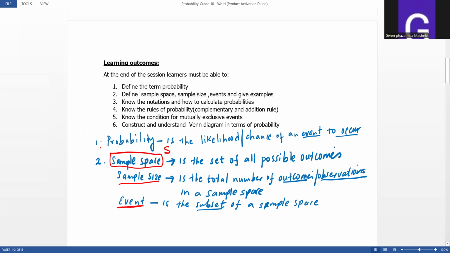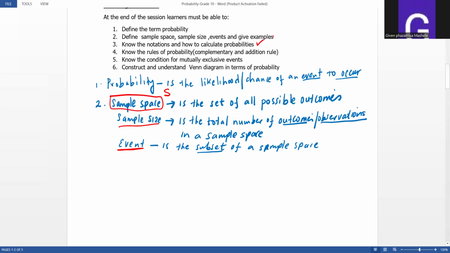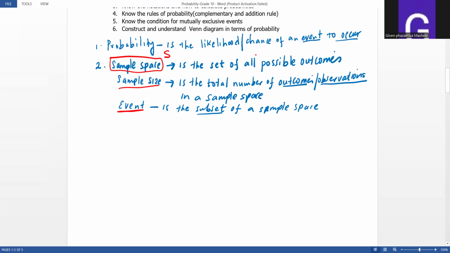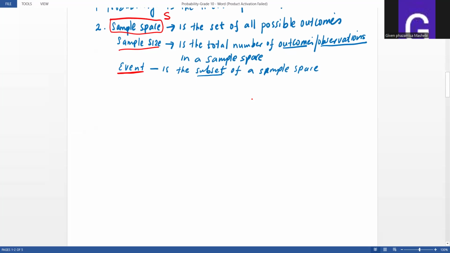Right, without wasting time and without going through the notations of how to calculate probability, let's now give examples of what we mean by a sample space, what we mean by a sample size, and what is an example of an event.